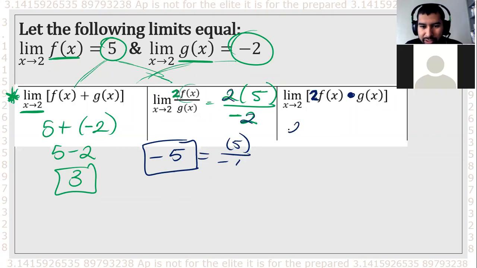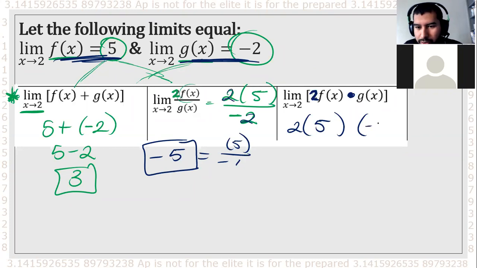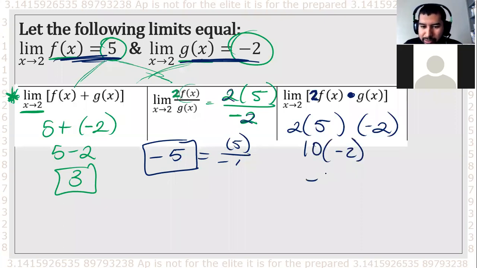So I should be having 2 times my function f. My function f, we said it was 5, times my function g, and my function g is -2. So I got 2 times 5, that's 10, times -2, quick maths gives me -20.